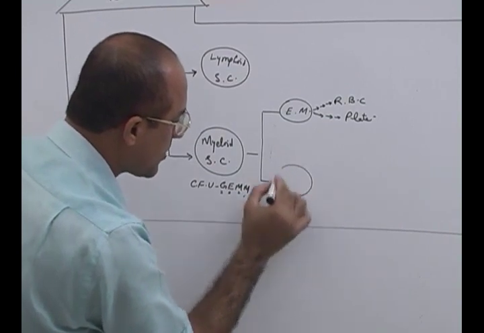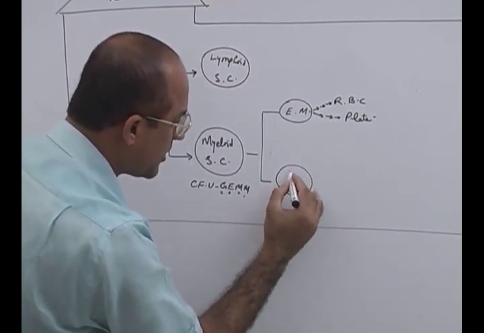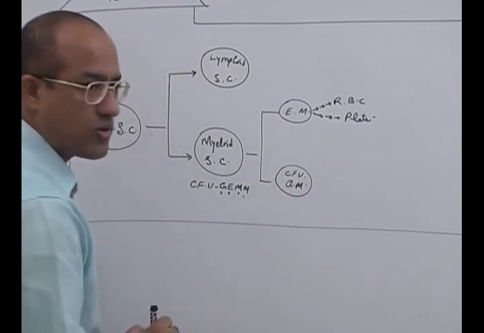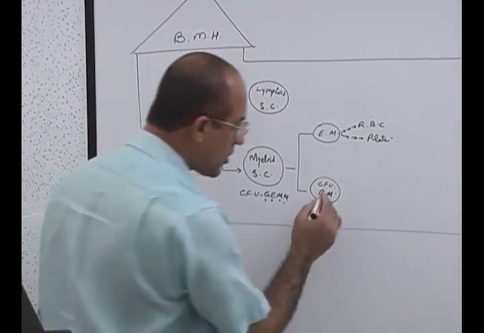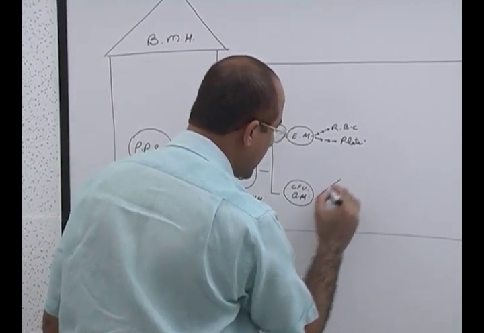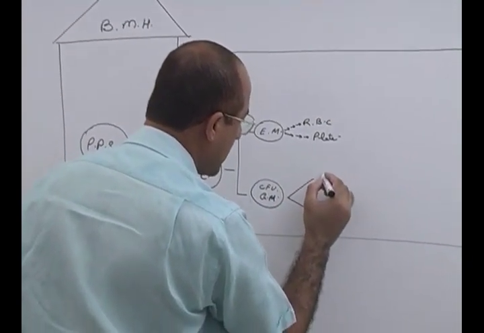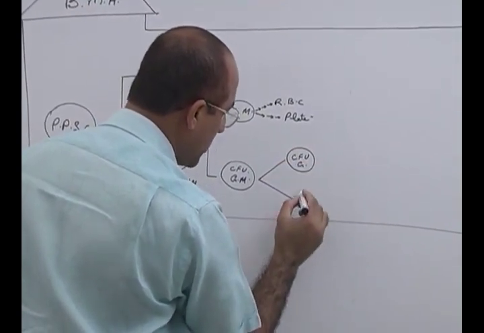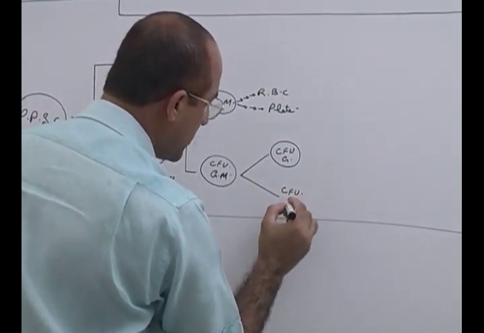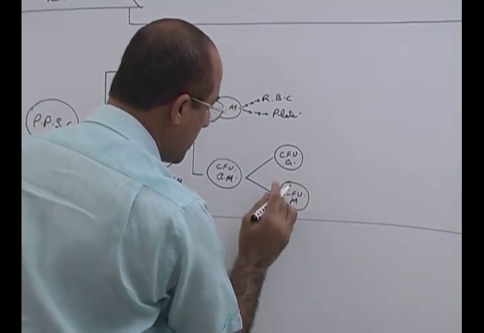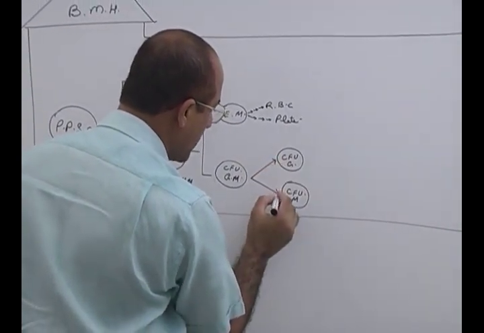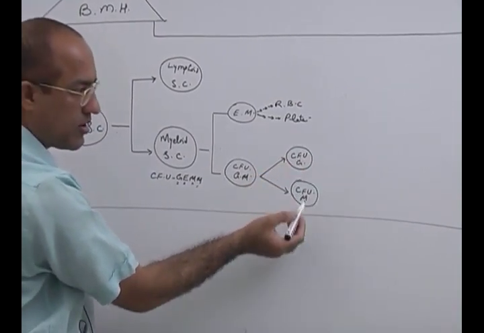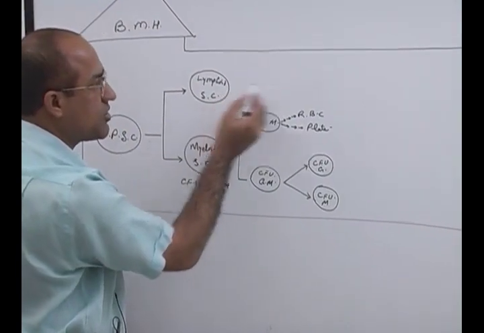This cell, which is going to make granulocytes and monocytes, we call colony forming unit granulocyte monocyte. It will further divide into two: colony forming unit granulocyte and colony forming unit monocyte. All granulocytes are produced from this cell, neutrophils, eosinophils and basophils, monocytes from here, and lymphocytes from this series.